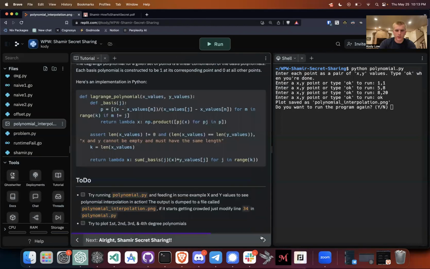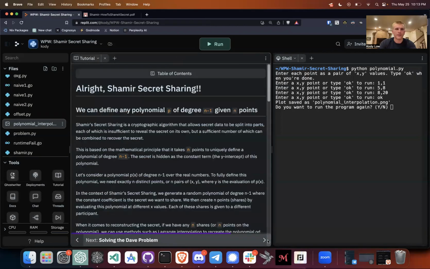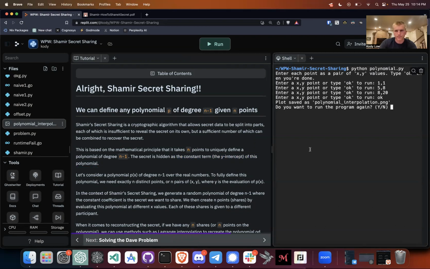Okay, so what is Shamir secret sharing, right? We can define any polynomial p of degree n minus 1 given n points. This is what cryptographic Shamir secret sharing is based on: it takes n points to uniquely define a polynomial of degree n minus 1. And the secret is hidden as the constant term, the y-intercept of this polynomial, right?